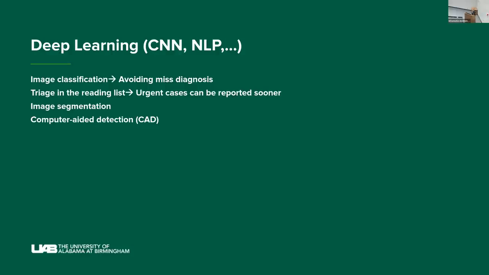We can use computer-aided detection for improving the diagnosis. We can do quantitative analysis. These models are capable of segmentation and then volume calculation, and they are going to save a lot of time for the radiologist. Overall, these models depend on the neural network. They can help the radiologist with low expertise.